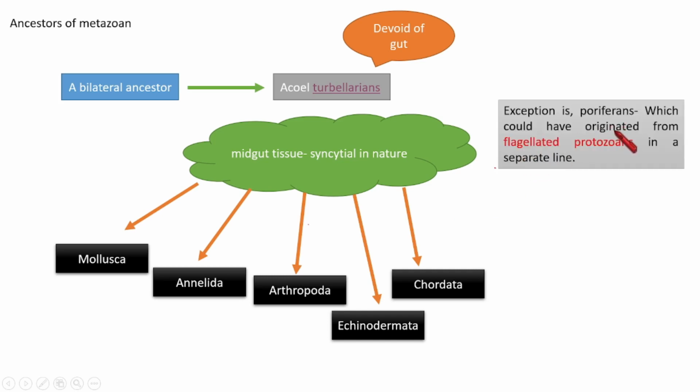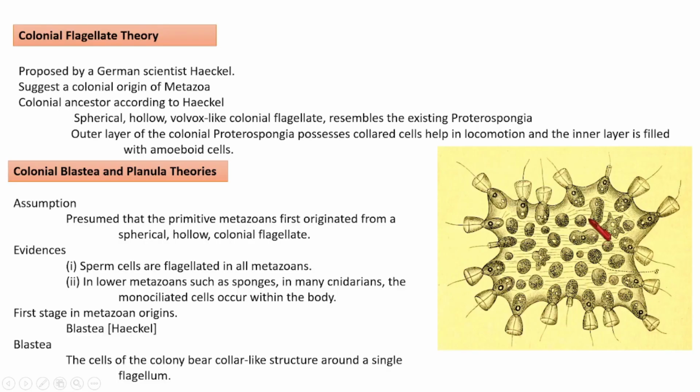They propose that poriferans originated from flagellated protozoans, whereas all the others emerged from ciliated protozoans. Okay, so that is the syncytial ciliate theory.